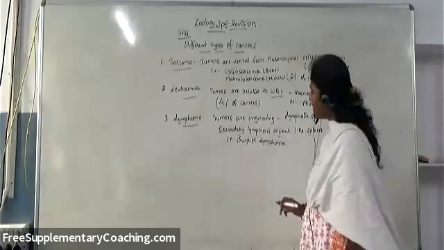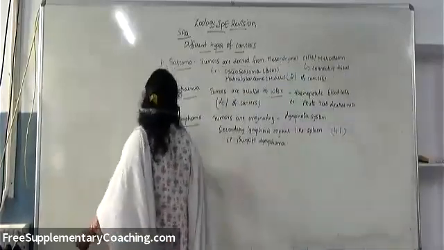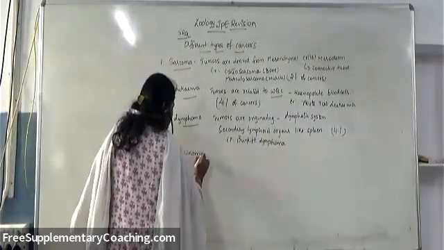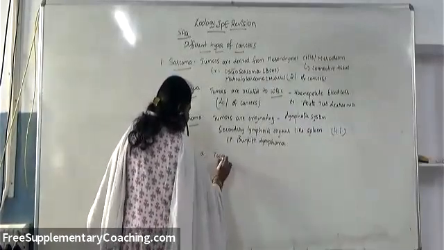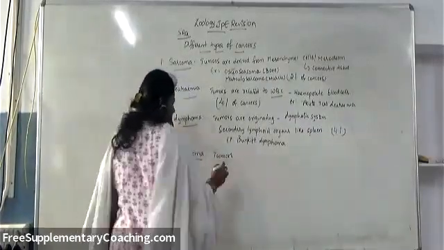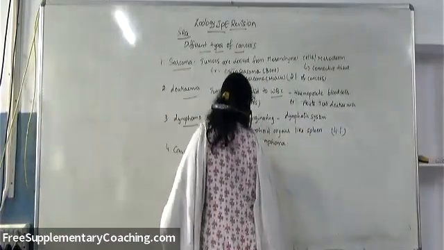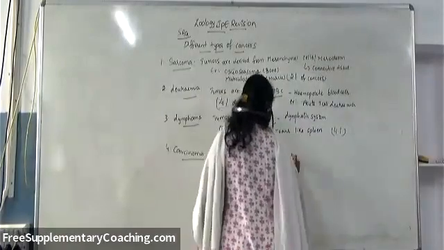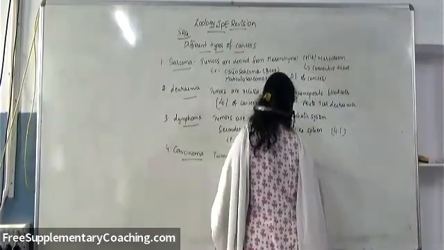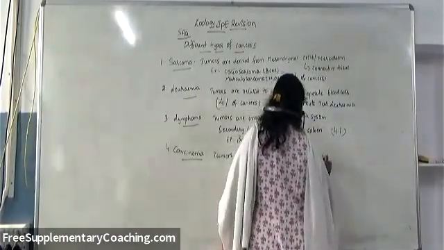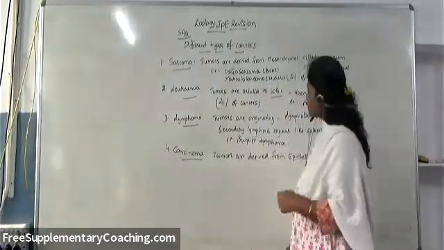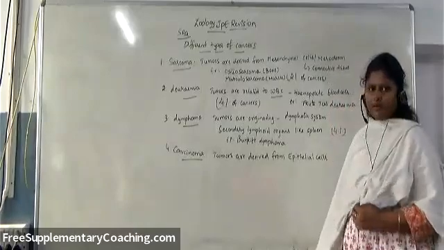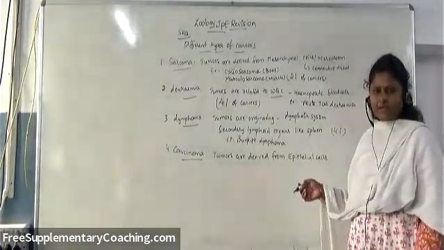Then another major type of cancer is carcinoma. Carcinoma is when the tumors are derived from epithelial cells or epithelial tissue, like skin and some parts of the enteric system.